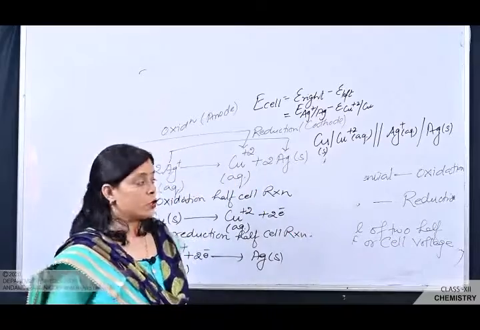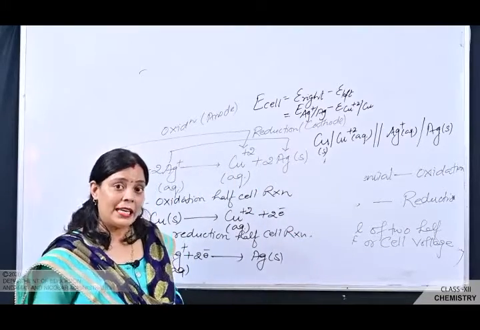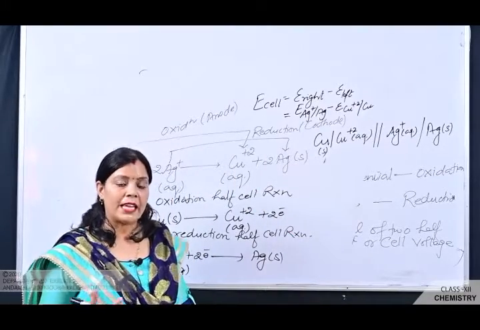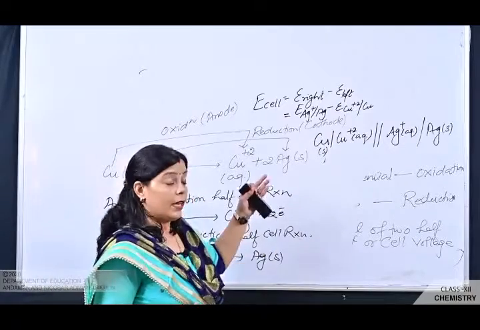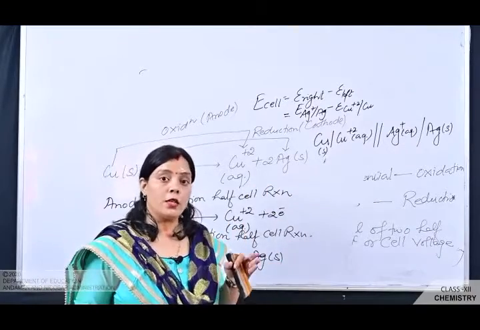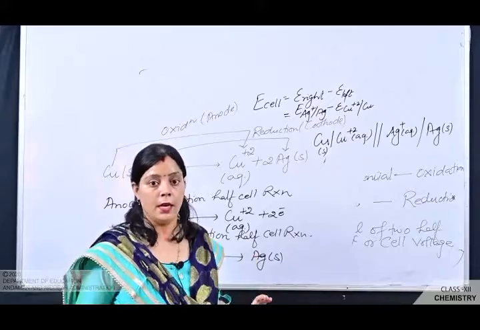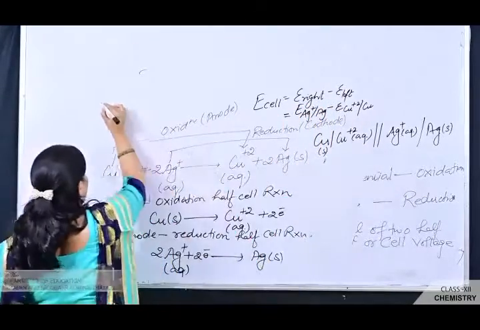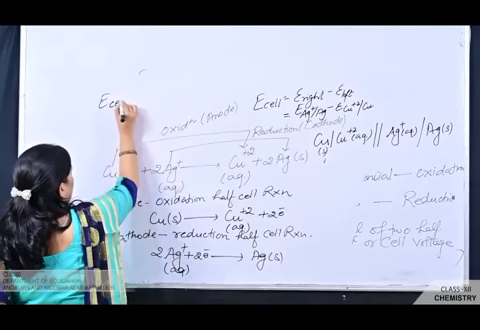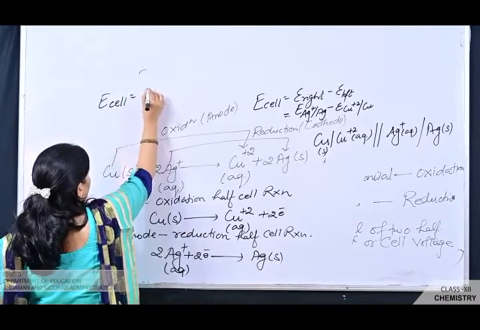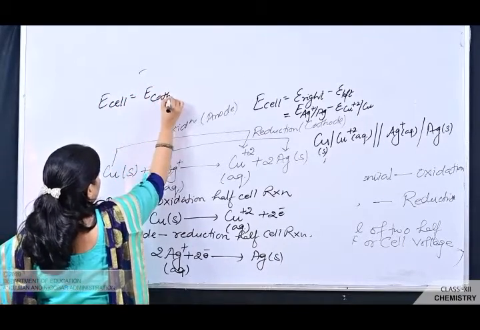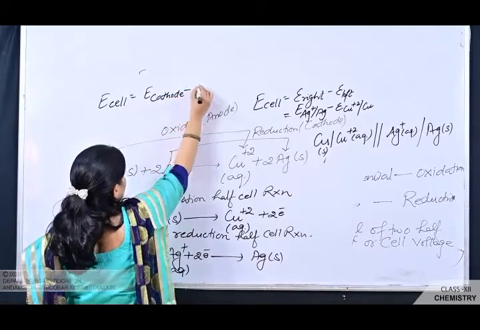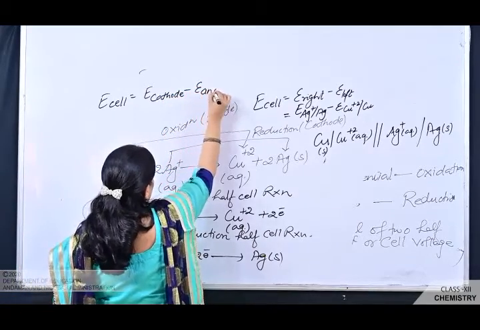Okay students, in this way, for any type of electrochemical cell, we can calculate the electromotive force or cell voltage of a cell, using E right minus E left, or we can write E cell is equal to E cathode minus E anode.